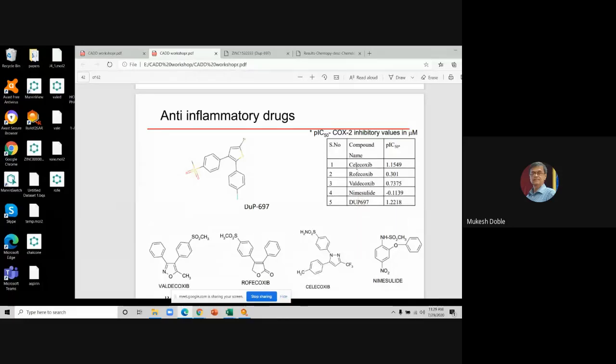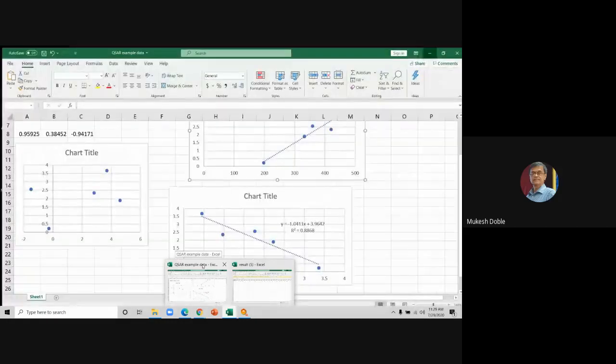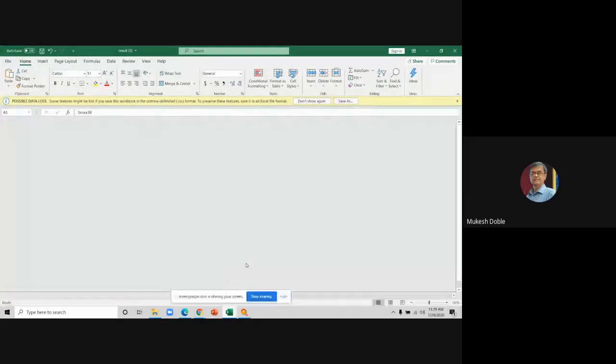Okay, I put all the descriptors for all the 5 molecules calculated from ChemDes, and then I can put in the activity. These are the experimental activities reported in literature.